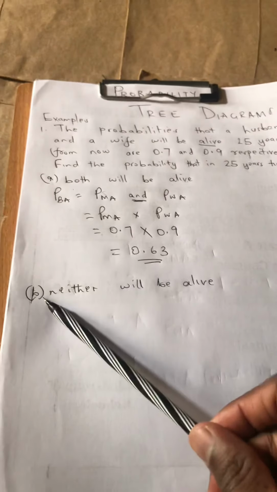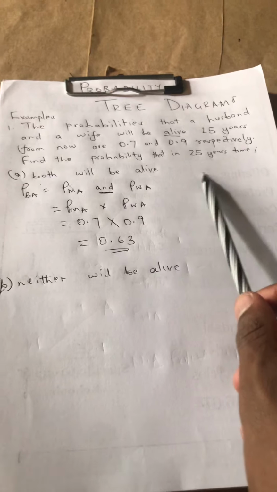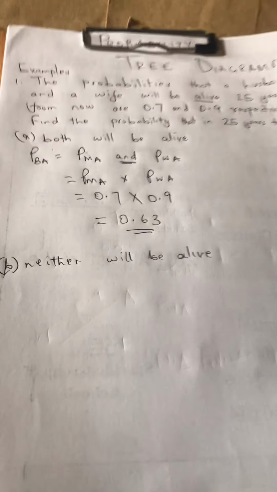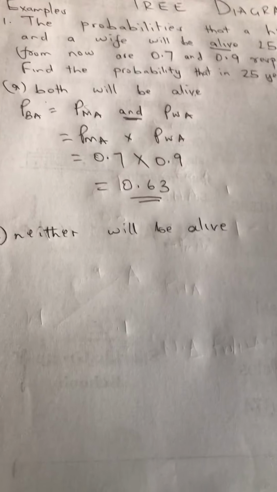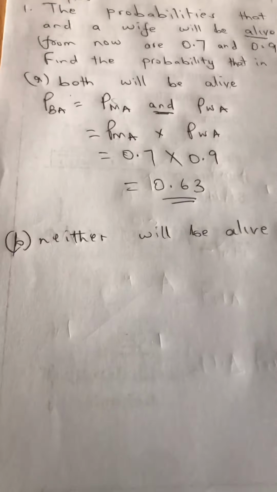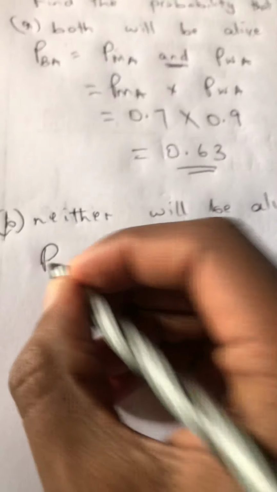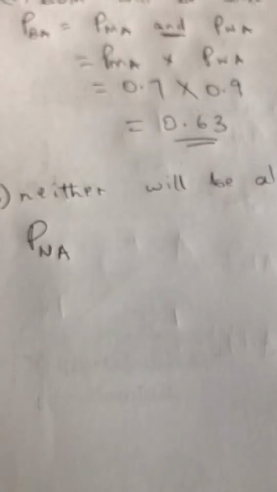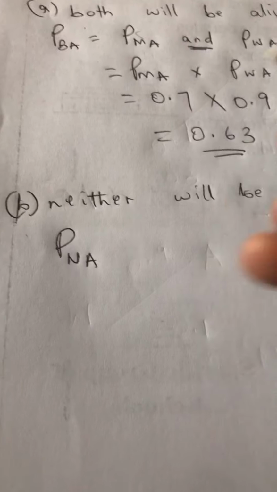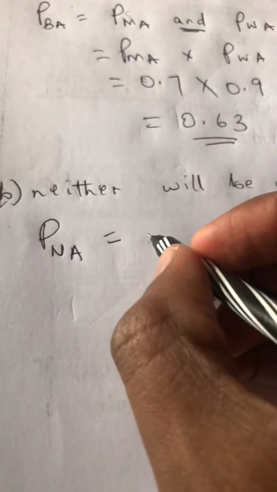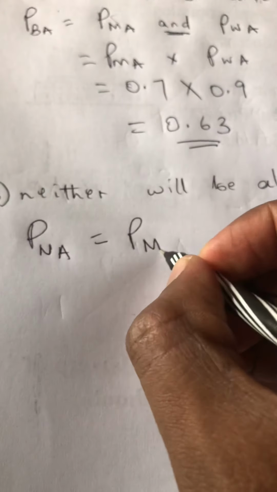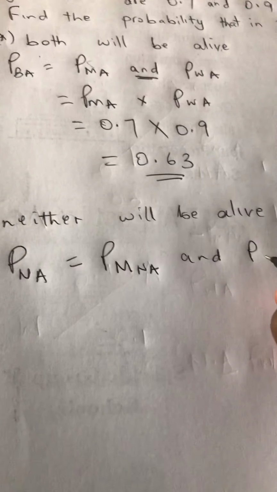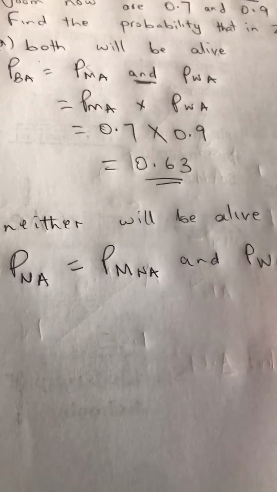We are also looking at B. Find the probability that in 25 years time neither will be alive. Neither will be alive means that both will be dead or both will not be alive. So the probability that neither will be alive will be the probability man not alive and the probability wife not alive.